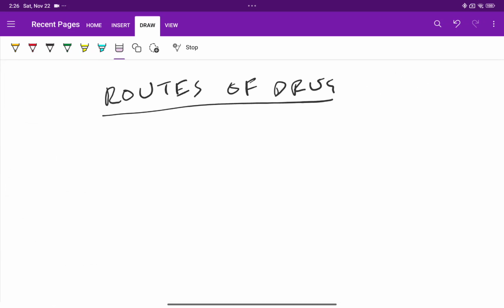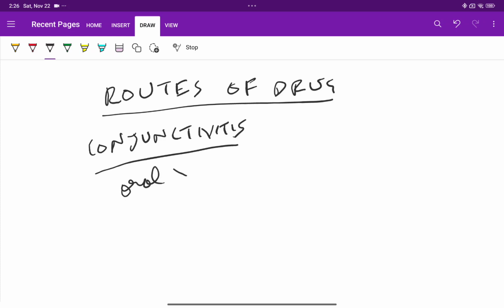Before starting a topic on the routes of drug administration, we'll see a simple example. A patient comes with an eye infection like conjunctivitis. For this patient, should we give an oral antibiotic to cure the conjunctivitis? No, we need not give an oral drug.